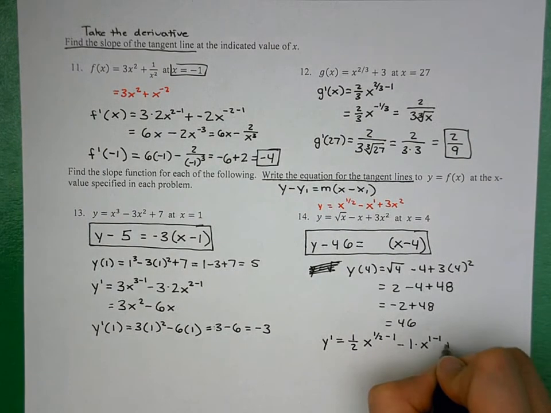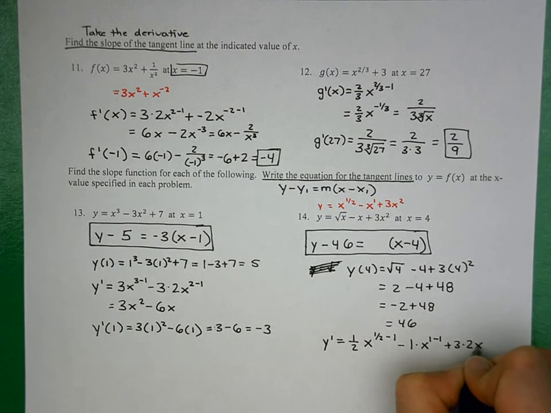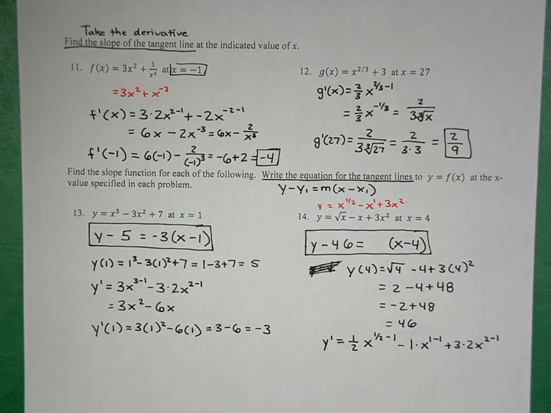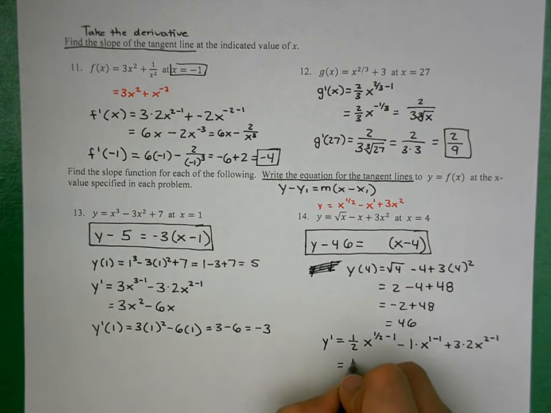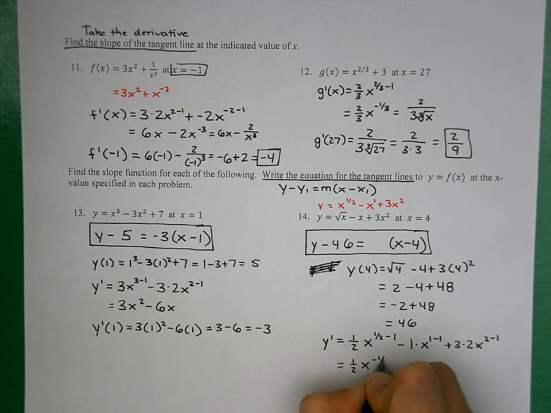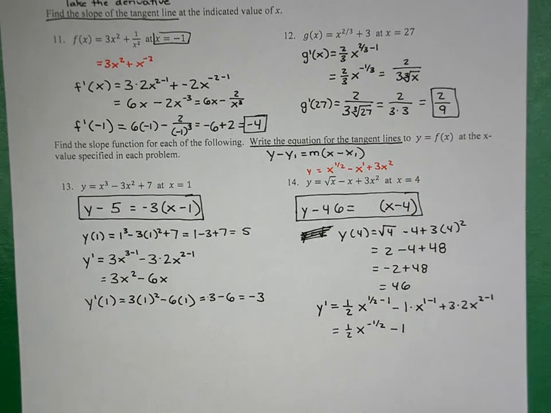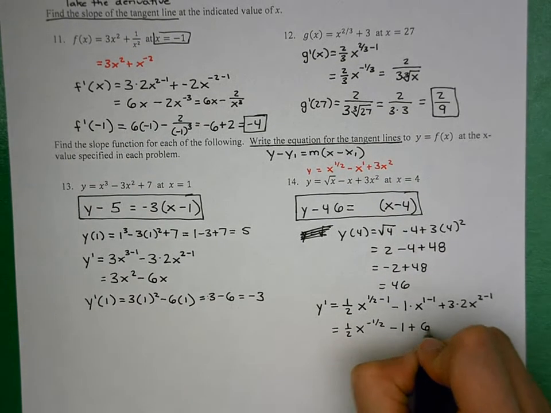That 2 comes down in front. Your exponent becomes 2 minus 1. Okay? Which is 1/2 x to the negative 1/2 minus 1 times x to the 0, which is 1, plus 6 x to the first.